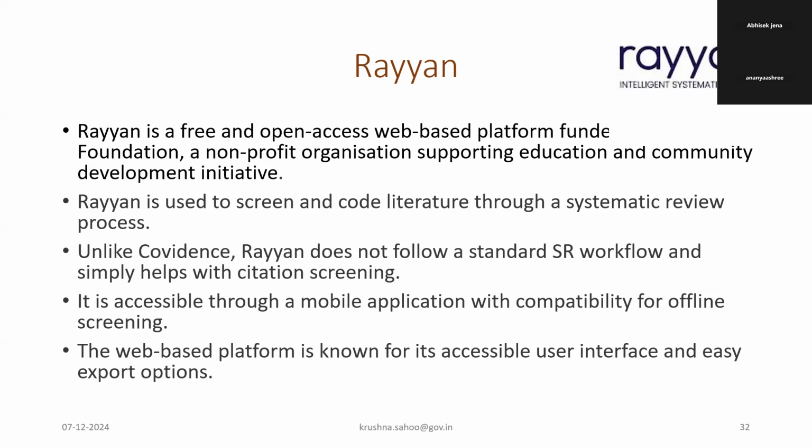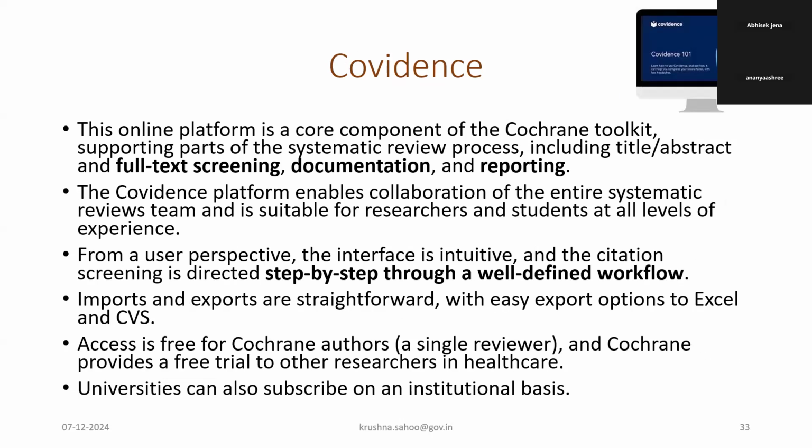Then another is Covidence. I think those who are interested in working with our team, they can support with Covidence. They can become admin and share Covidence with you. So, Abhinav, how many reviews can you start with Covidence at a time?